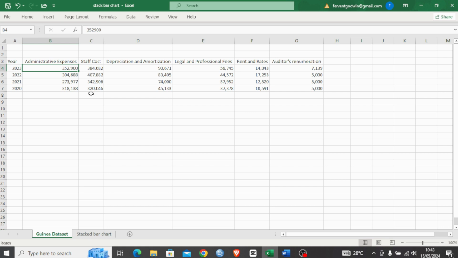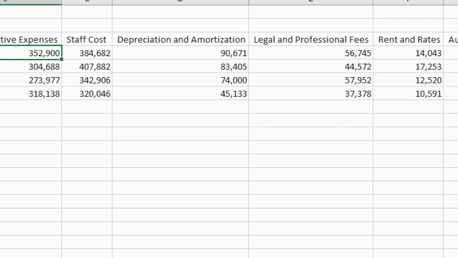Then the staff costs too. This is talking about the money they pay the staff for their work, maybe their monthly salary, their allowance, and other benefits. So this cannot be omitted. This is an obligation every month, so it's unavoidable. Then depreciation and amortization, yes, definitely there are some machineries and equipment that they bought that would depreciate over the years.